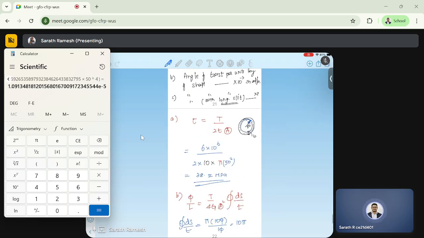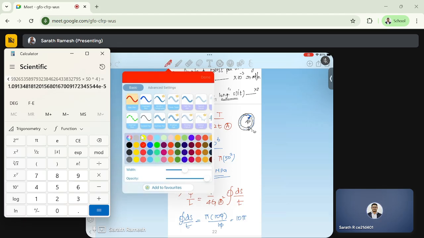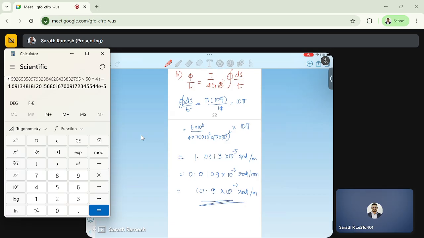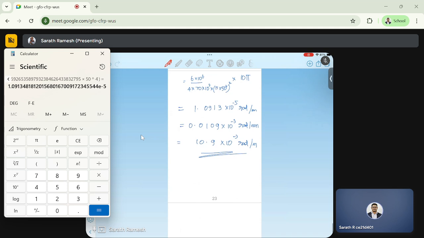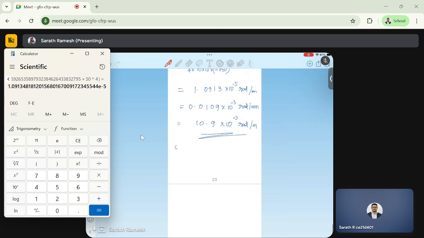Fine. Now, the final question. If we have a longitudinal slit, then for this case, with the slit, the formula is phi by L is 3T by G into pi into dm, that is the closed integral of ds t cube.